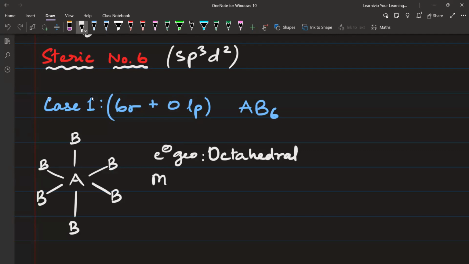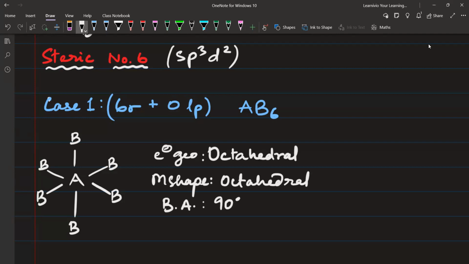Octahedral. The molecular shape will also be octahedral. All the bond angles in this case are going to be 90 degrees.